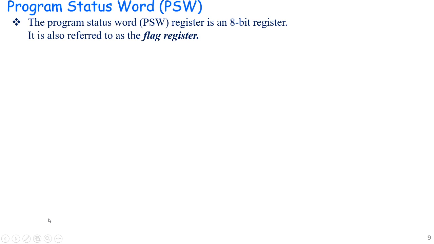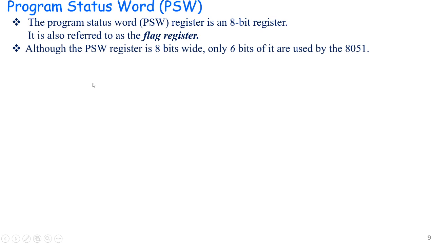Program status word register. The program status word register, PSW, is an 8-bit register which is also called the flag register. This flag register is updated when the ALU performs operations. Although the PSW register is 8-bit, only 6 bits are used in the 8051.